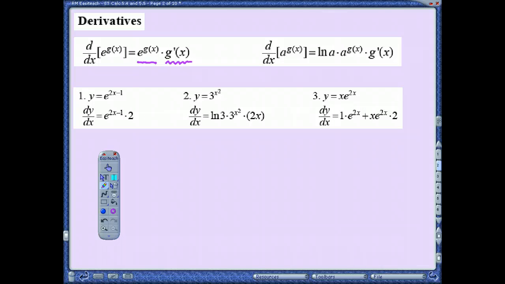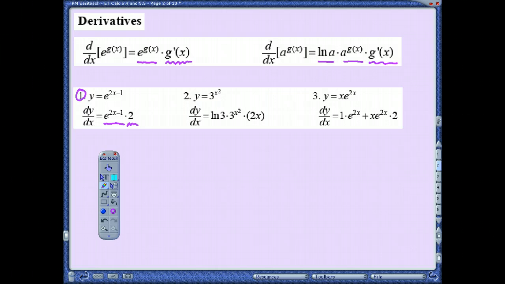So looking at example 1 here, if I take the derivative of e to the 2x minus 1, I rewrite the exponential, e to the 2x minus 1, and I multiply by the derivative of the exponent. Seems pretty nice. If your base is not e, just like with your log that isn't a base e, we start off with the natural log of the base we do have times the exponential as is times the derivative of the exponent.